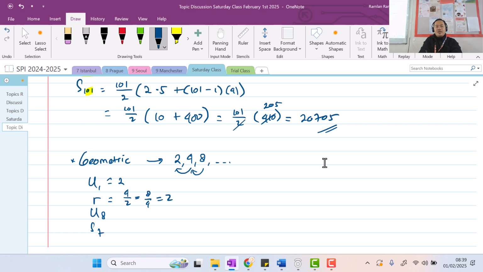That's it. Now for this 8th term, you can use the formula that we have before, which is the first term, and then multiply that with the common ratio, and then to the power of 8 minus 1, because the n is 8, and then the formula is n minus 1. So this will be just 2 times 2 to the power of 7. And then remember, in exponent, if I multiply 2 times 2 to the power of 7, there will be 2 to the power of 8.